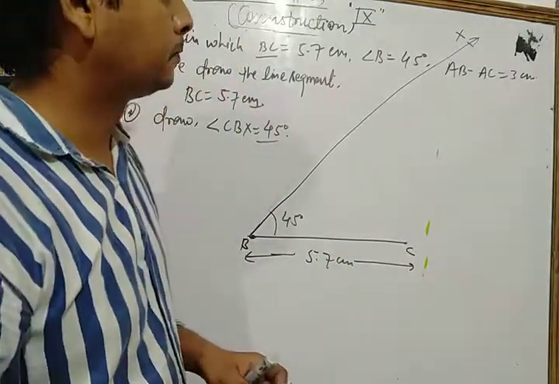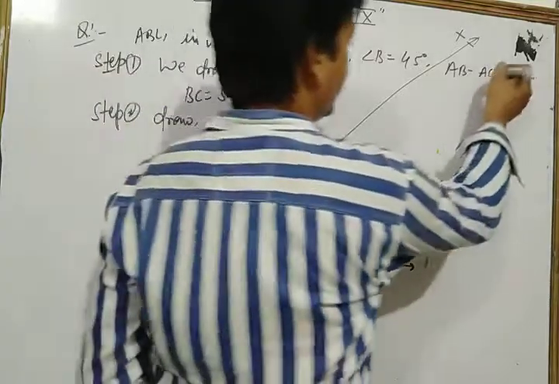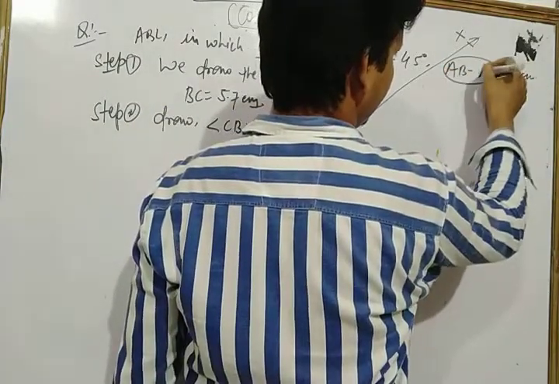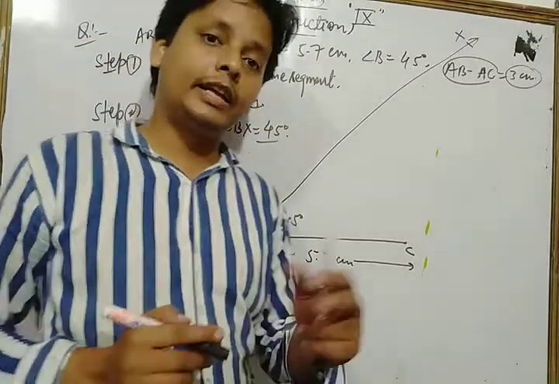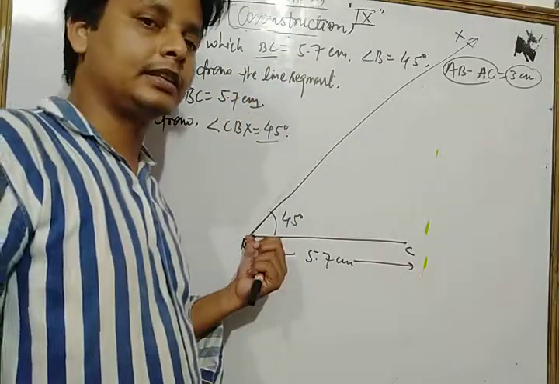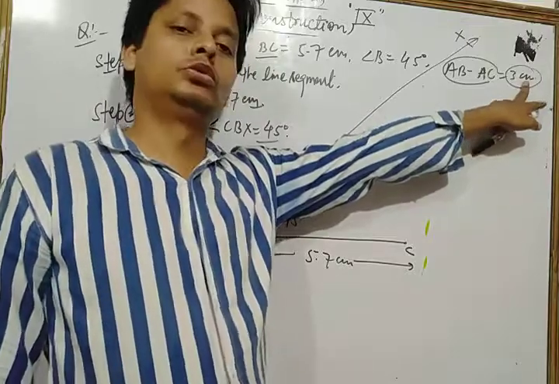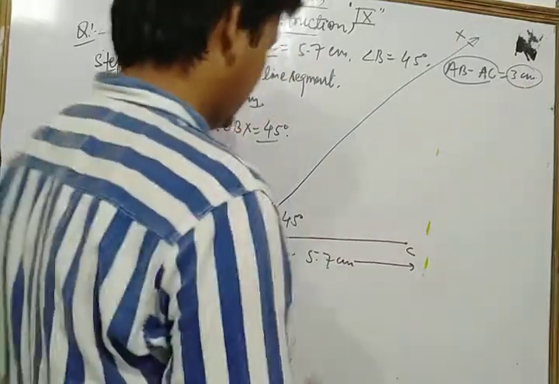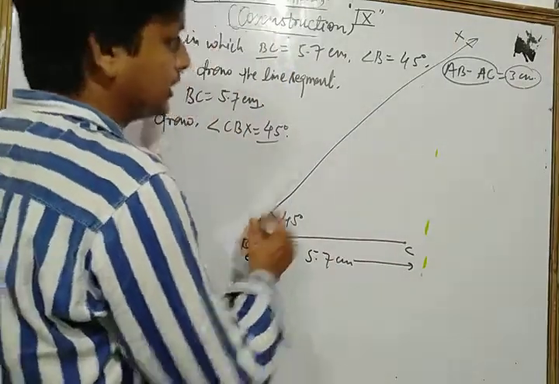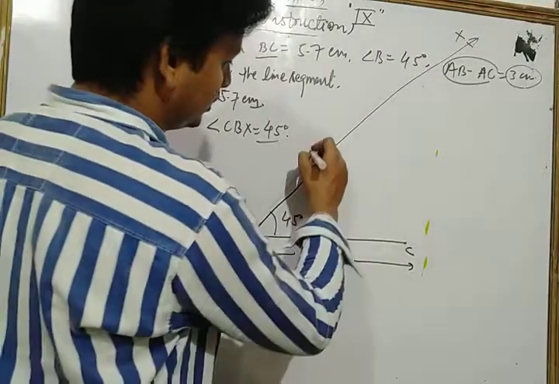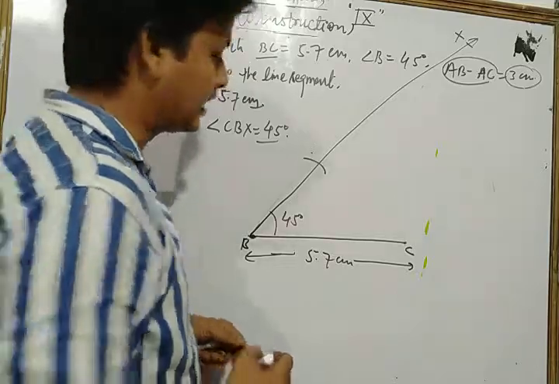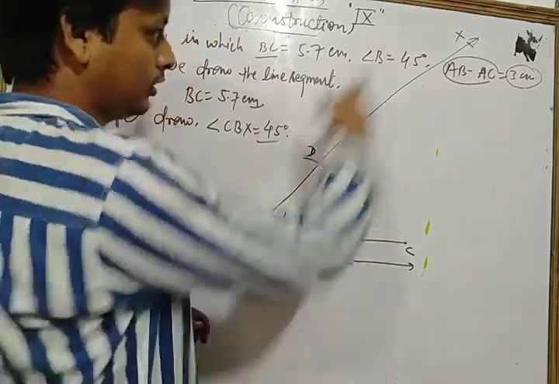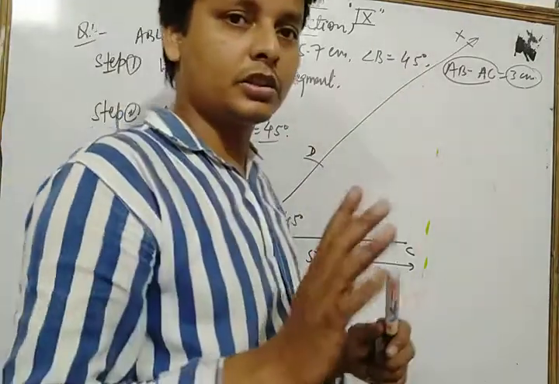After that, the difference between the other two sides, AB minus AC, is given as 3 centimeter. So in the third step, taking B as center and distance equal to 3 centimeter, we cut an arc on the ray BX. This is the process.